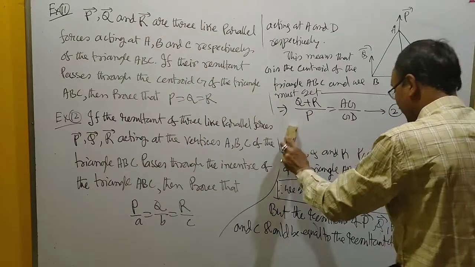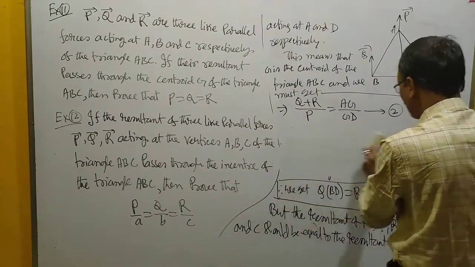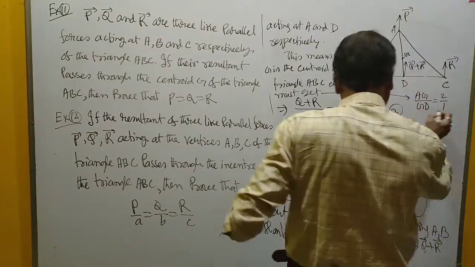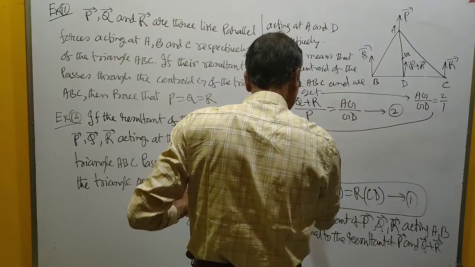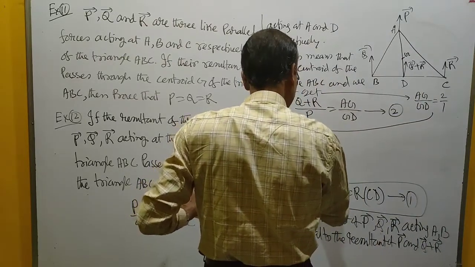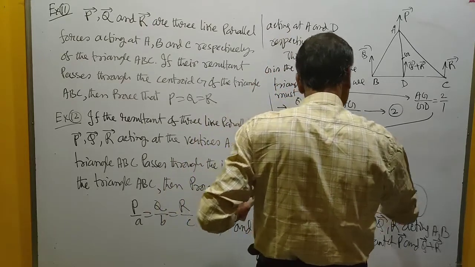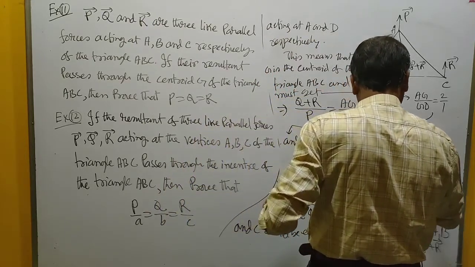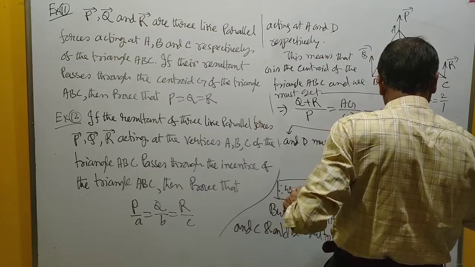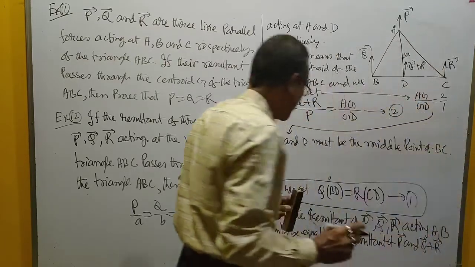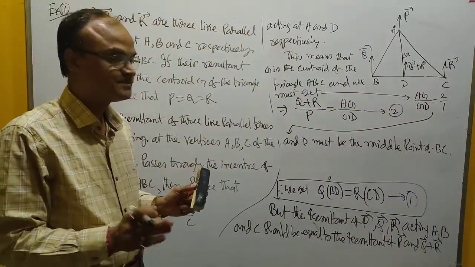We must get this, and D must be the midpoint of BC. You write, D must be the middle point of BC.